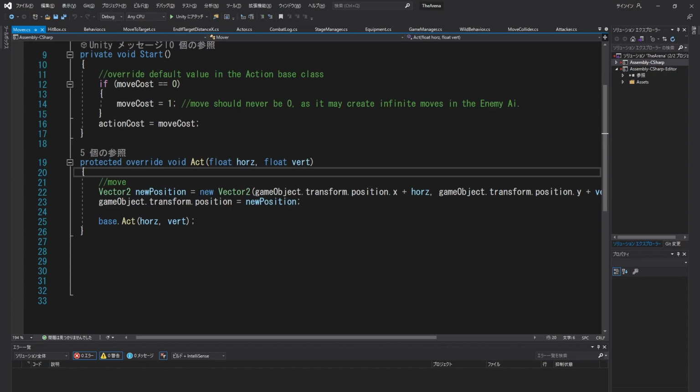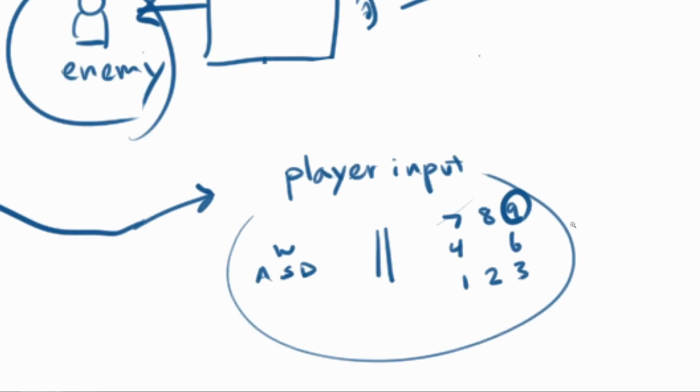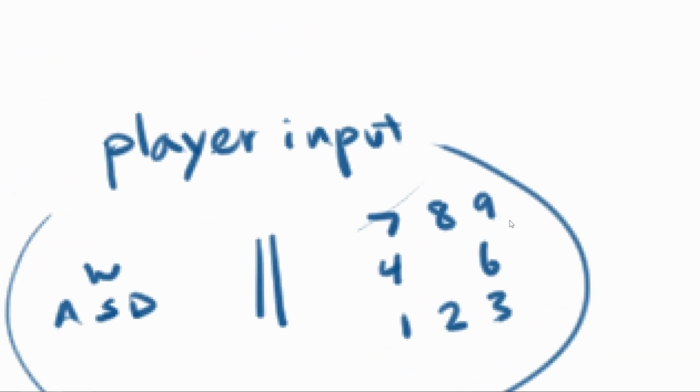Basically, when this action is called, let's say the player had pressed the 9 key.